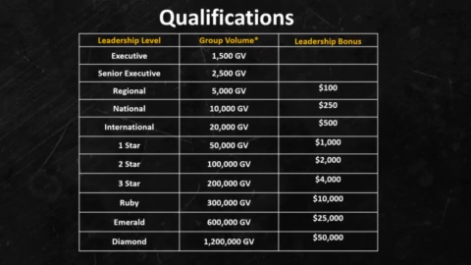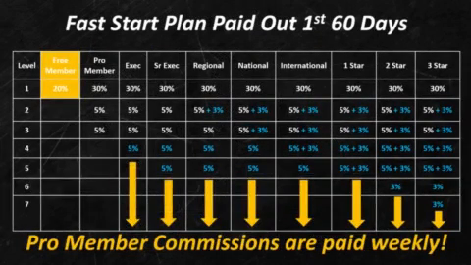So, here's how it works. Now, we've got two parts of our compensation plan. The first is our fast start plan, and this is paid out on all of the volume generated in the first 60 days that someone is in the business. So, for example, if you sign up a pro member and you're at the pro level, and you refer another pro member, you're going to receive 30% of that commissionable volume.